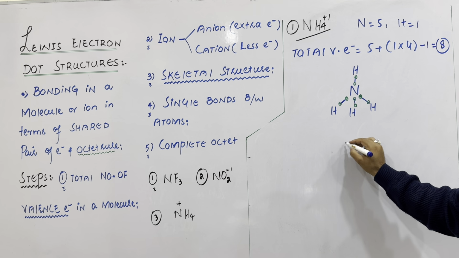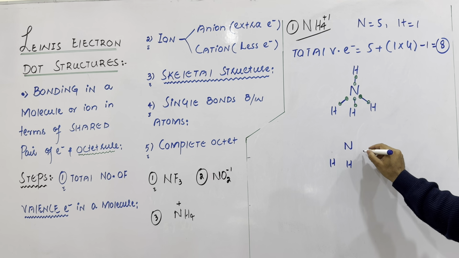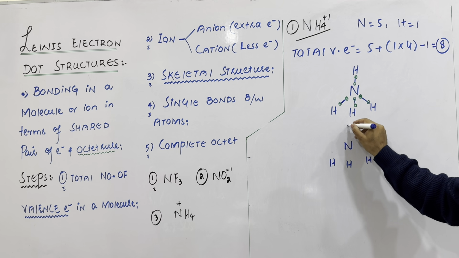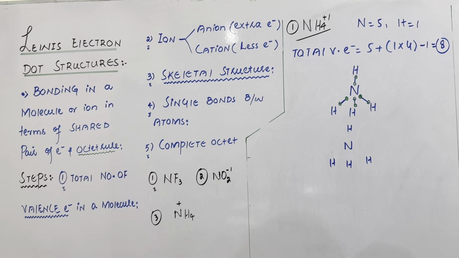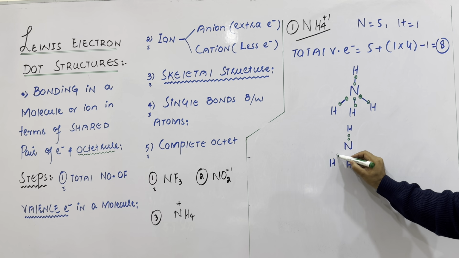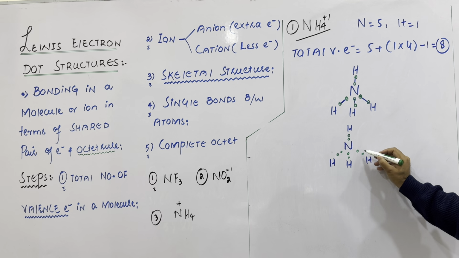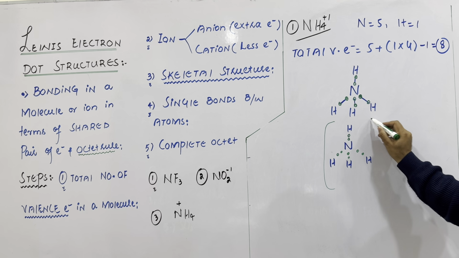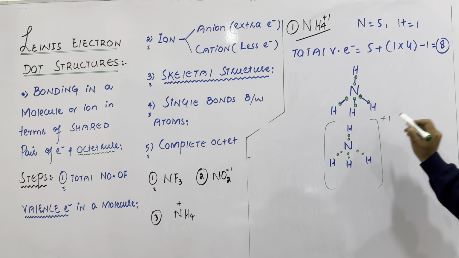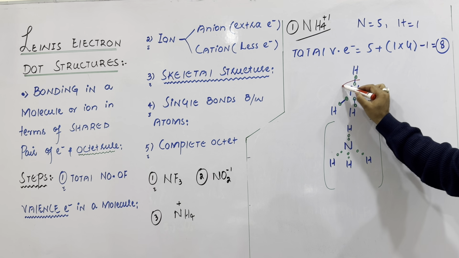N, H, H, H, and H. Now you will just show one pair of electrons between nitrogen and hydrogen in all cases, and the overall charge will be plus 1, and this overall charge plus 1 is due to nitrogen. How? Let us calculate its formal charge.